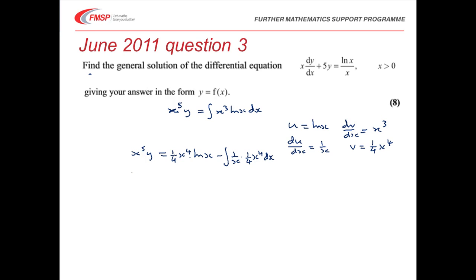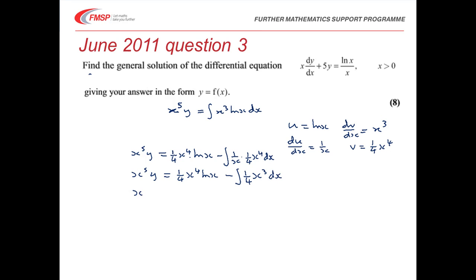Now quite often I've seen students get to this new integral and stop. They sometimes are not sure what to do and don't appreciate that this can simply be cancelled down and simplified to a quarter x cubed with respect to x.